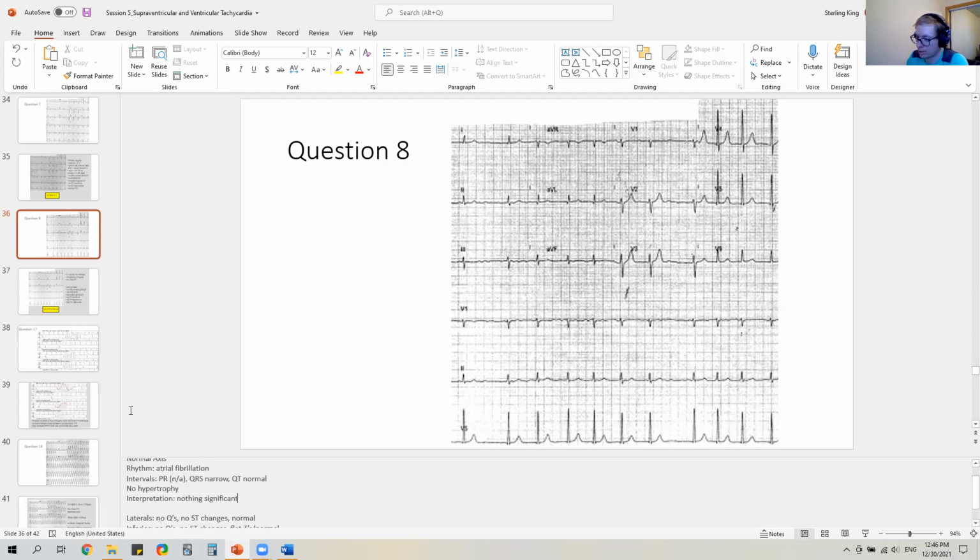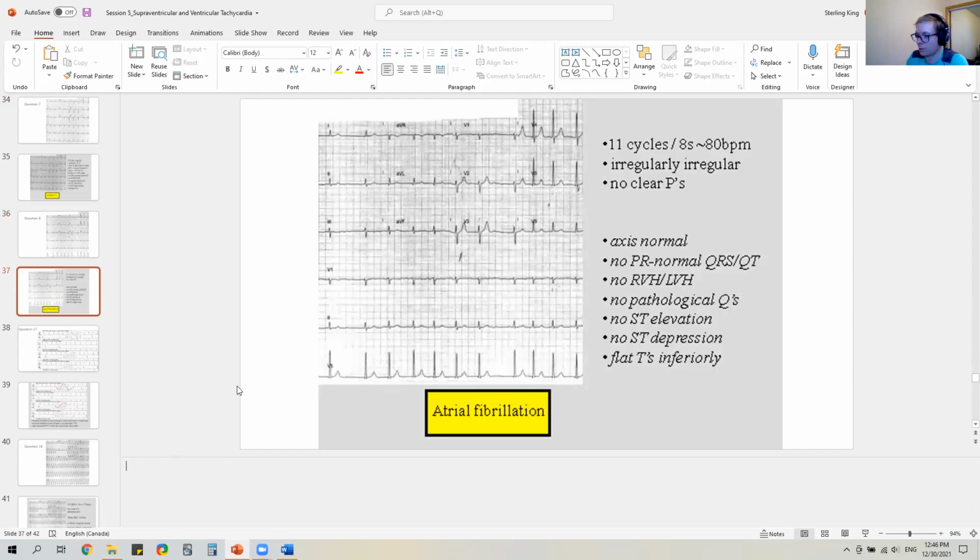Okay, so let's take this and have a look at the next page. Rate: less than 100, yeah. So 11 cycles, it's irregularly irregular. That's the big thing to get.